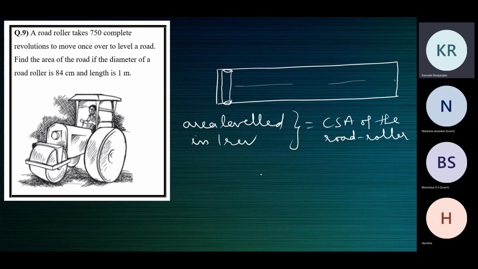Now it takes 750 revolutions to level the road. The road roller has to go 750 revolutions. In one revolution, this is the area. So in 750 revolutions, what will be the area? 750 into CSA.